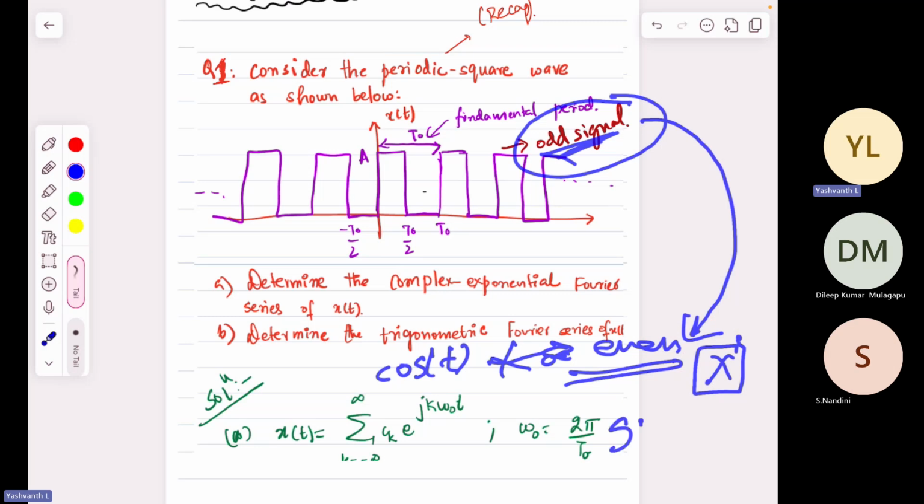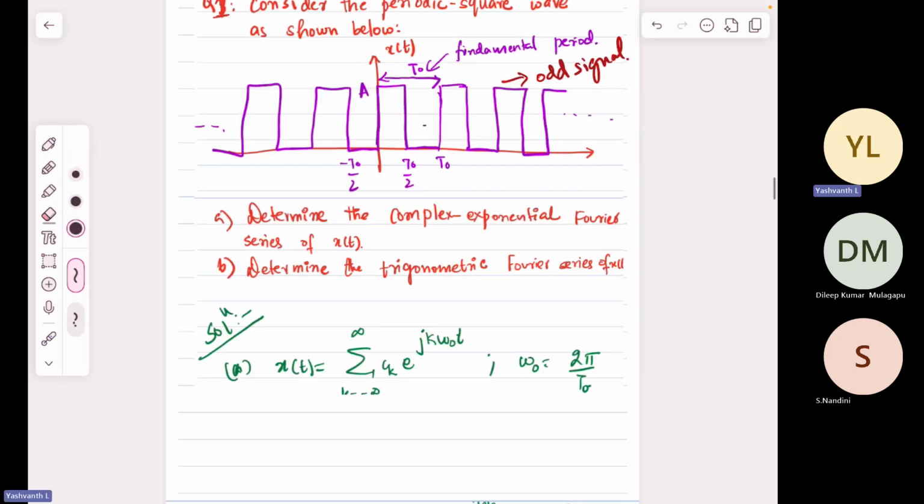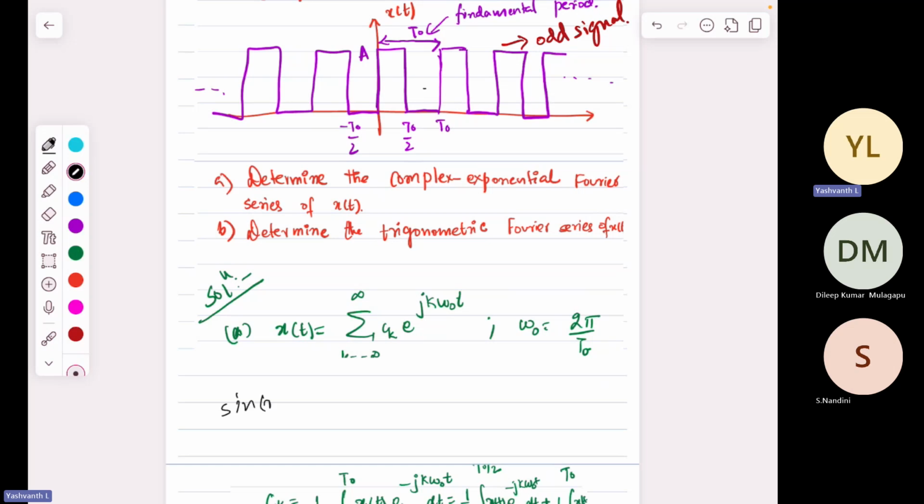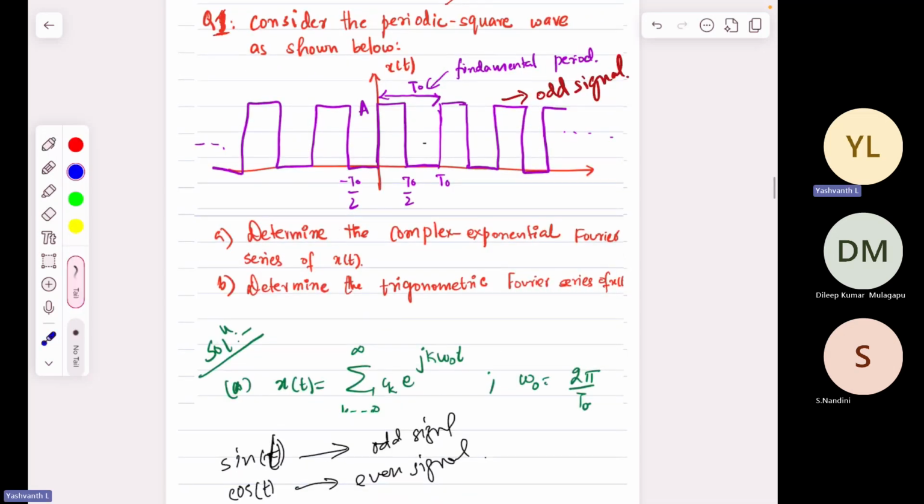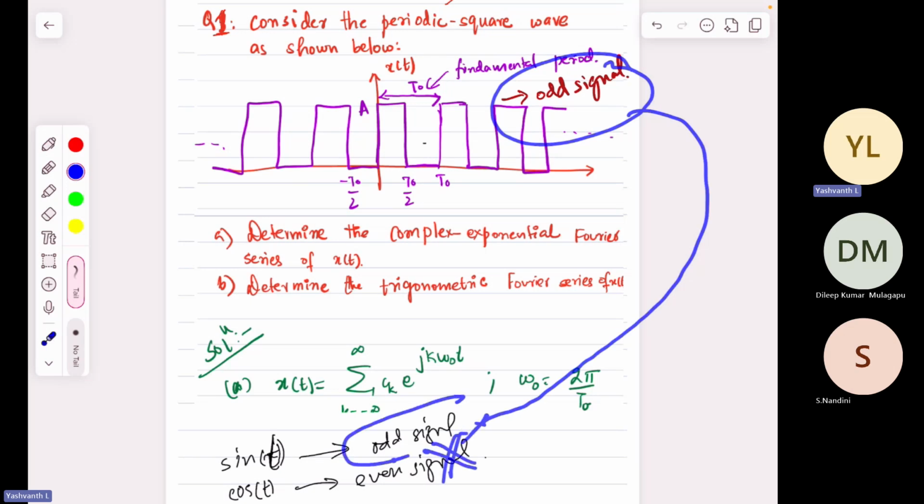Sine t, on the other hand, is an odd signal, but cos t is an even signal. Now this signal is an odd signal. Therefore, even in the Fourier series representation, it cannot contain an even signal. It can only contain odd signals. That's why it had only sine t terms. It didn't have cos t.